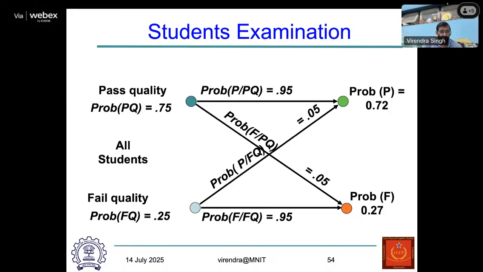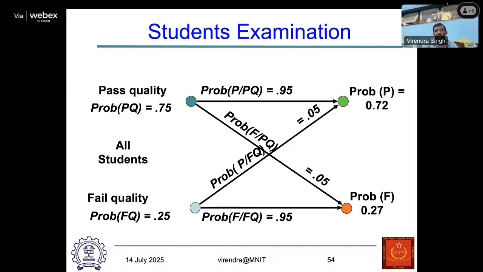For one course that I taught for 6 months, you spend 1 year to answer the questions, and after that I can tell whether you are a pass quality student or a fail quality student. So let's say, for example, in a class there are 75% students who are good, pass quality students. 25% students, perhaps all students who are coming are good, but they may not be that sincere, they may get some mishap or something, and then they became fail quality.